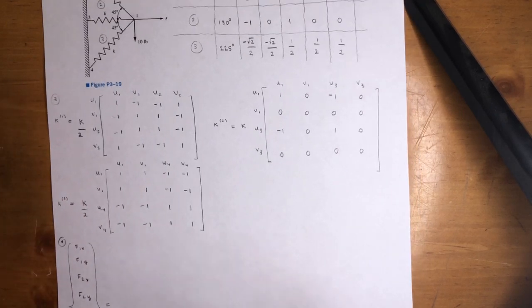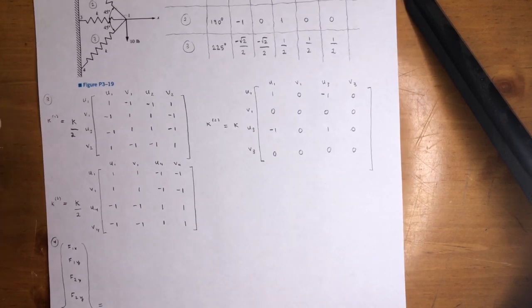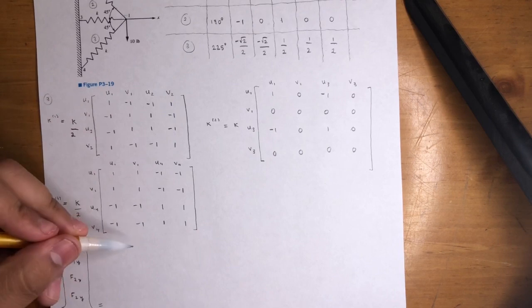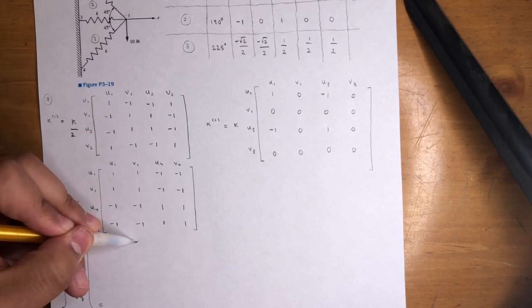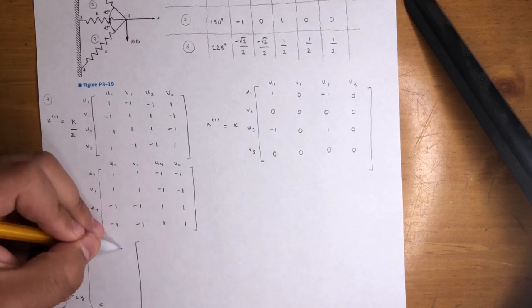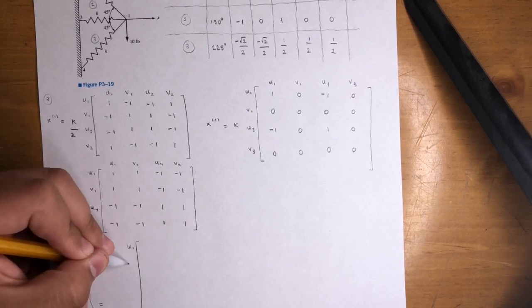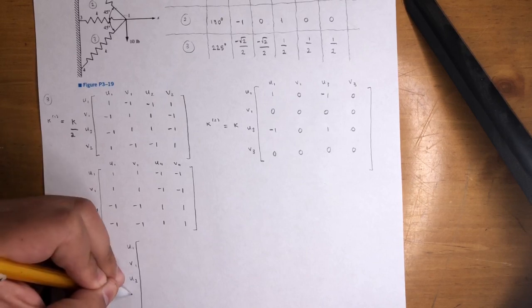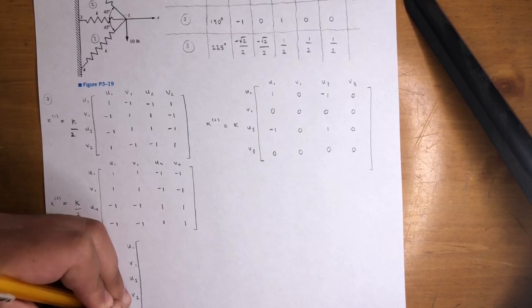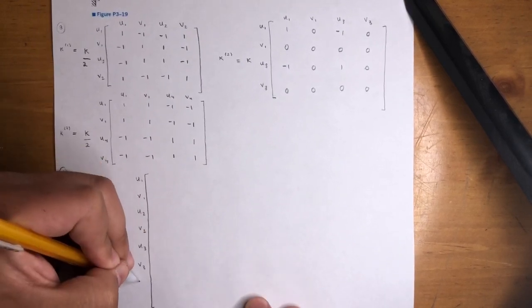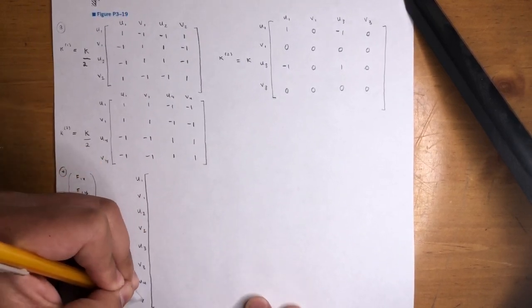All right, now hold on. We cannot continue just yet. Usually, you'll do the huge matrix, right? It's going to be U1, V1, U2, V2, U3, V3, and U4, V4.